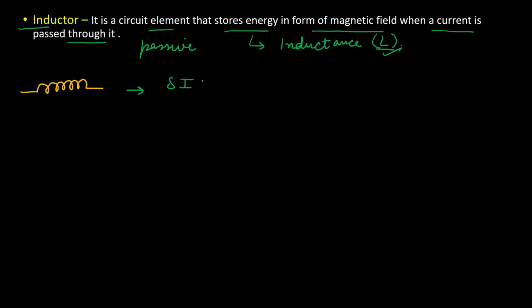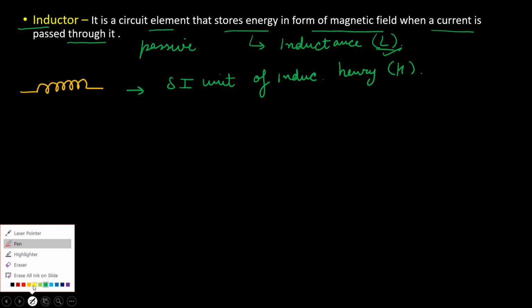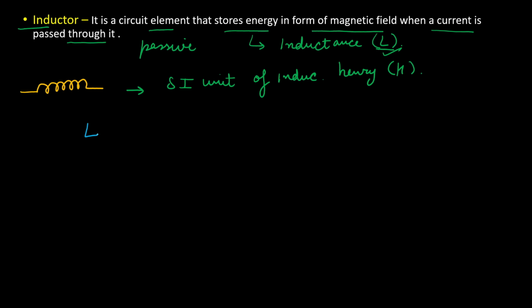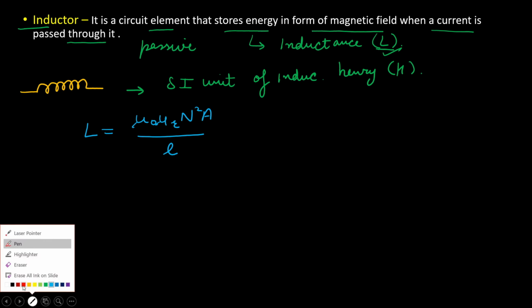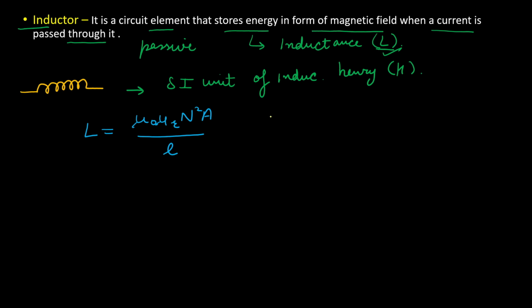The SI unit of inductance is the Henry, represented by the letter H. Mathematically, inductance is given as L is equal to mu naught mu R N square A by L. Here mu naught is the permeability of free space, and its value is 4 pi into 10 raised to power minus 7 henries per meter.